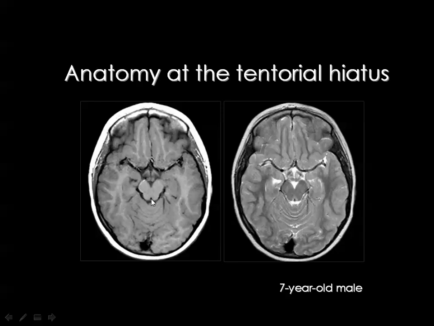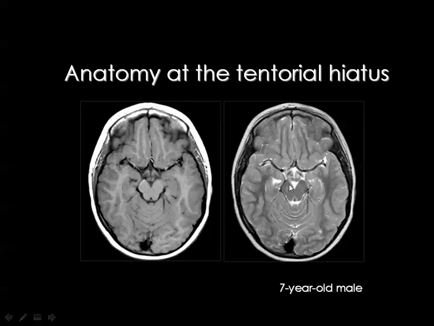You know that the aqueduct of Sylvius connects the end of the fourth ventricle to the third ventricle. Then this is the aqueduct of Sylvius, and this is the midbrain. And the anterior part of the midbrain here is known as the cerebral peduncle. And you have three cerebellar peduncles and one cerebral peduncle. This is the cerebral peduncle.